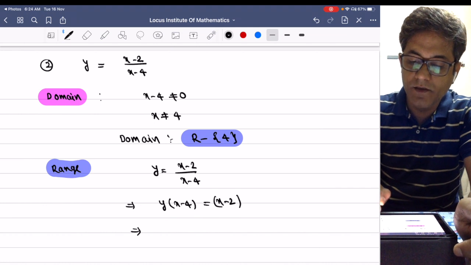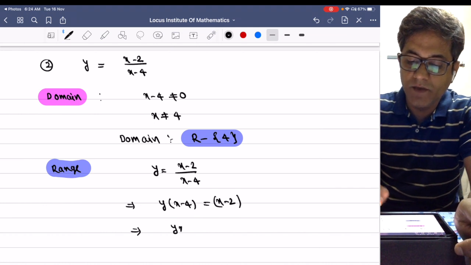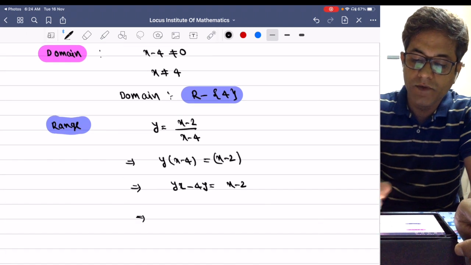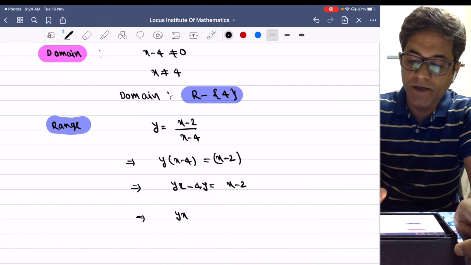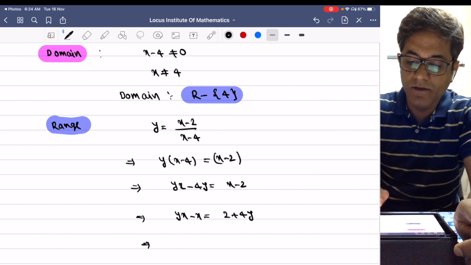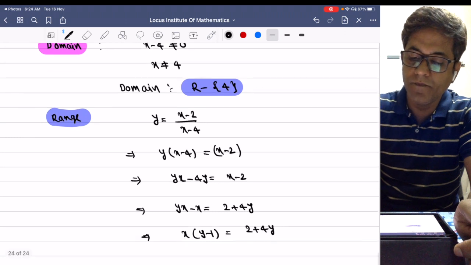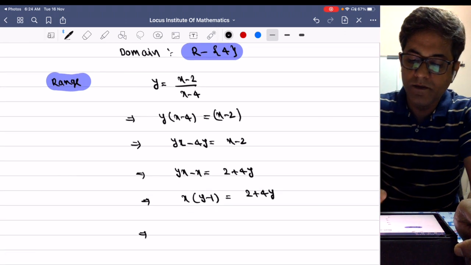So if you open the bracket, yx minus 4y is equal to x minus 2. That implies yx minus x is equal to 2 plus 4y. You take out x common here. X into (y minus 1) is equal to 2 plus 4y. This implies x is equal to (2 plus 4y) over (y minus 1).